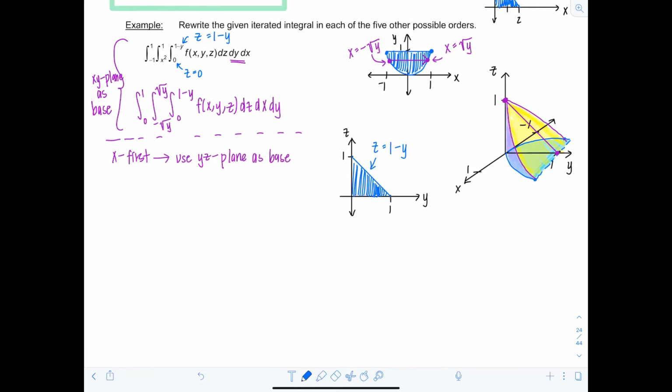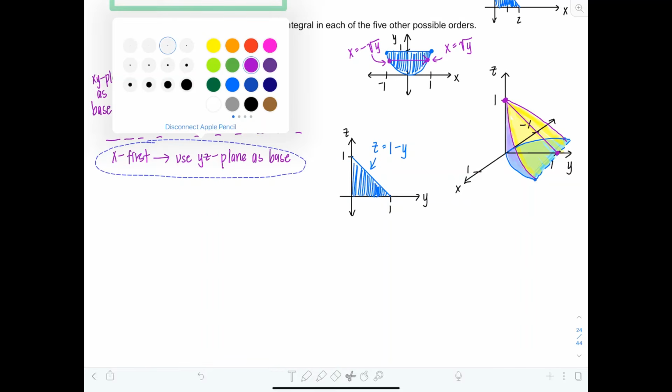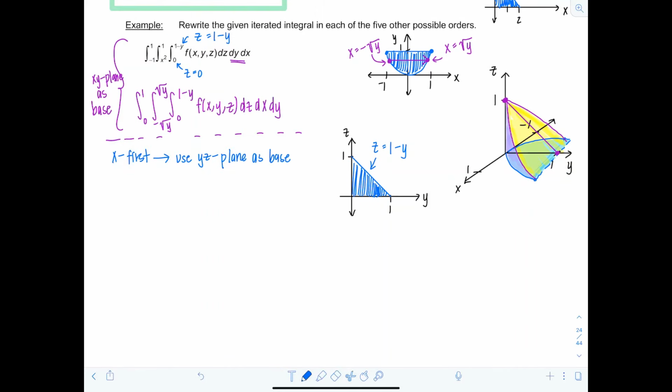If I'm going to use the yz plane as the base, let's do this ordering in the same color. From here, we are going to have either y or z as the outermost limits. Let's do y first. The limits for y are going to go 0 to 1. The limits for z start at 0 and end at 1 minus y.